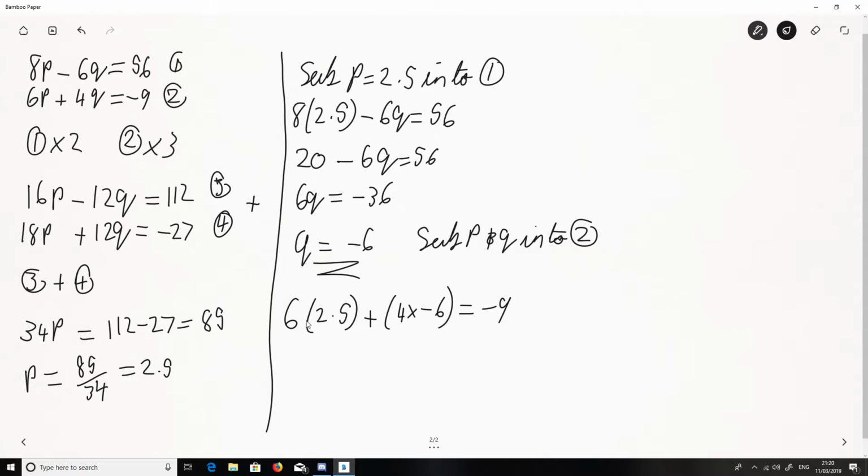So that's 6 times 2.5, that is 15. 15 plus 4 times minus 6, that is minus 24. So 15 minus 24 equals minus 9, so that shows minus 9 is equal to minus 9. Therefore, our solutions are valid.